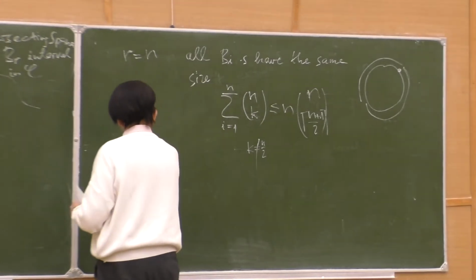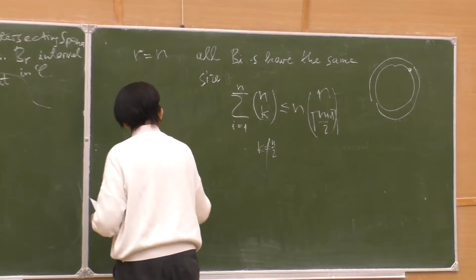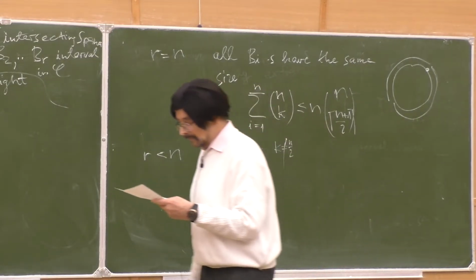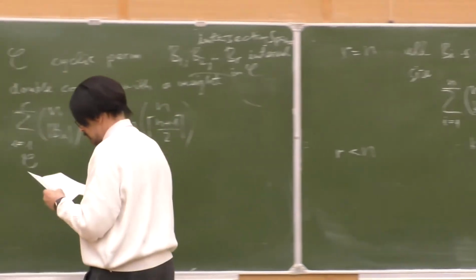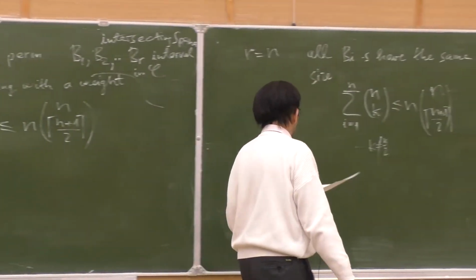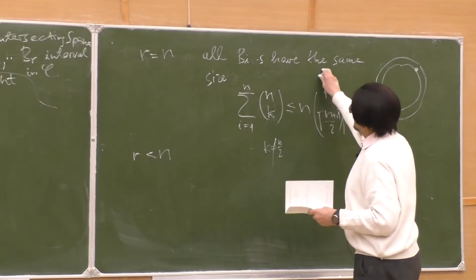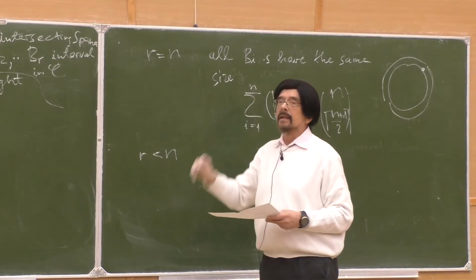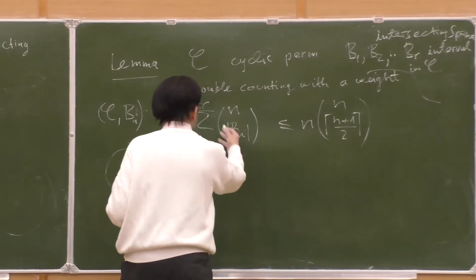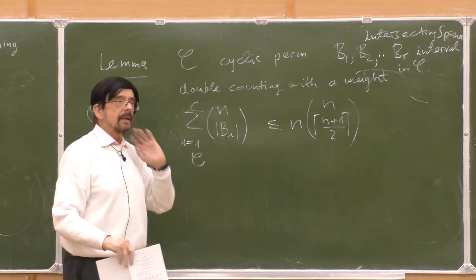But this case is somewhat different when r is not equal to n. Then we cannot say that they have the same size. But we can try to maximize these weights.